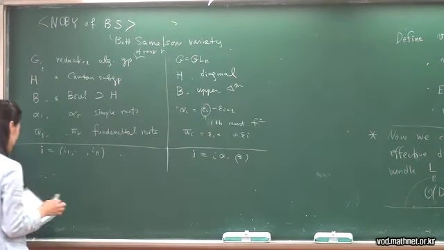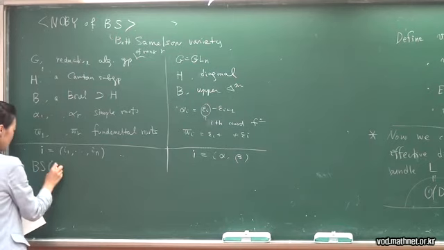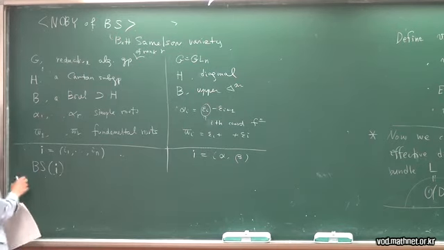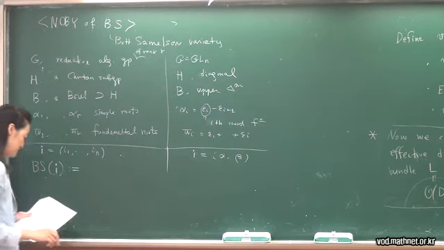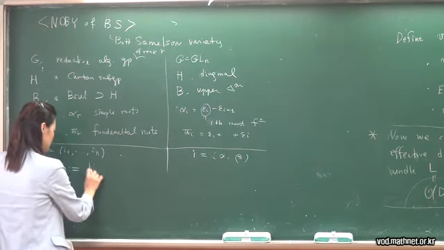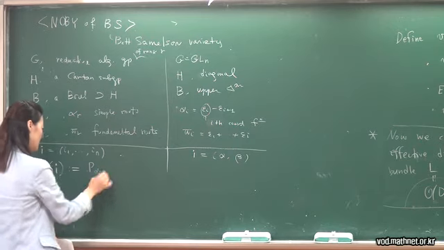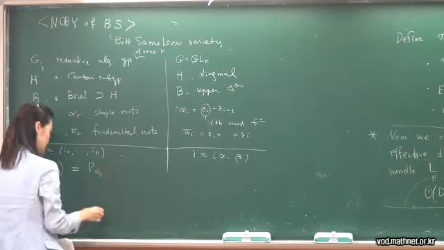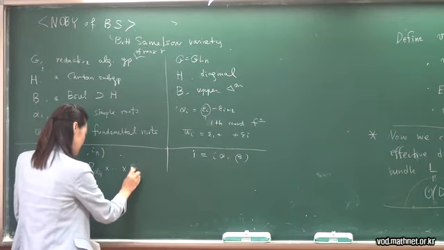Now, the Bott-Samelson variety with this index sequence I. One of the definitions is that you consider this product. These are minimal parabolic subgroups. Please let me know if there is any ambiguity of notation.